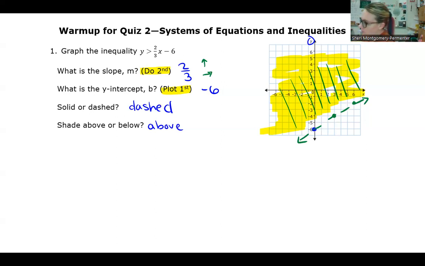Any questions over number 1? The question for you is a multiple choice question. You just need to be careful with whether or not it's a solid or dashed line and whether or not you're shaded above or below.